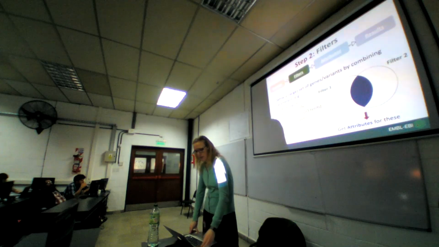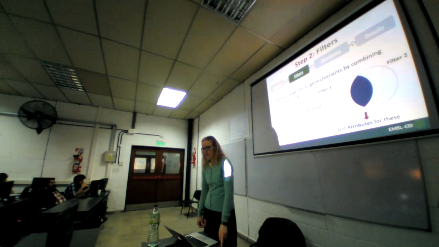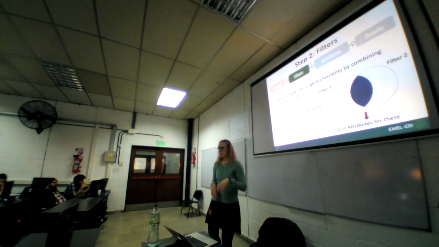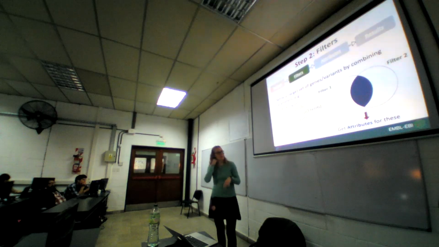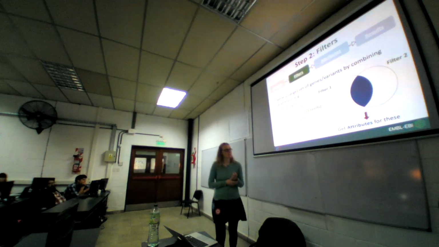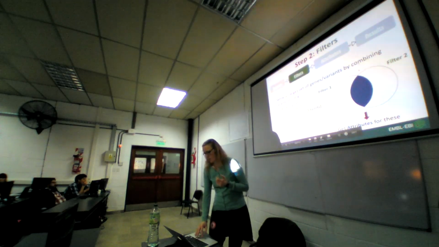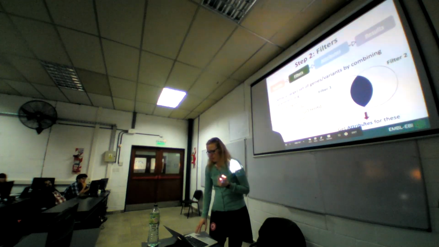In the second step, you then need to apply filters to narrow down your data set and make it smaller. And you can combine a variety of different filters, and what you will get as the output is the intersection of these filters, and this is what we call attributes, your output.